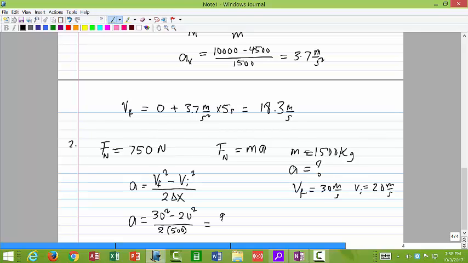That's 900 minus 400 divided by 1,000, which is 0.5 meters per second squared. So F net is equal to 1,500 times 0.5, which is 750 newtons.